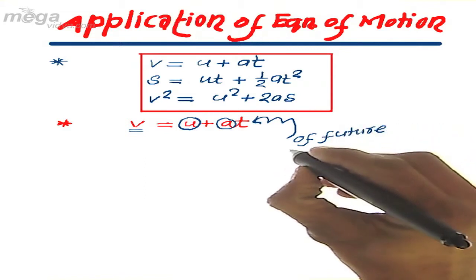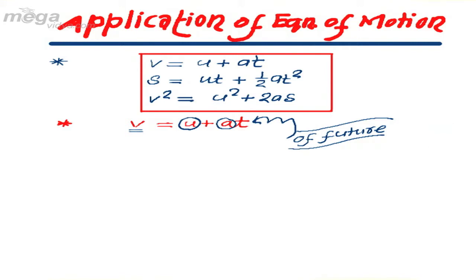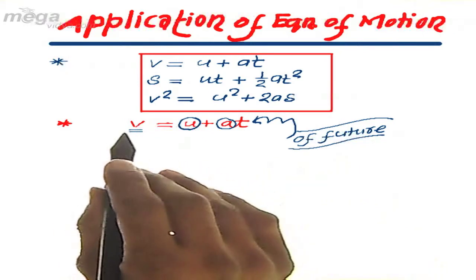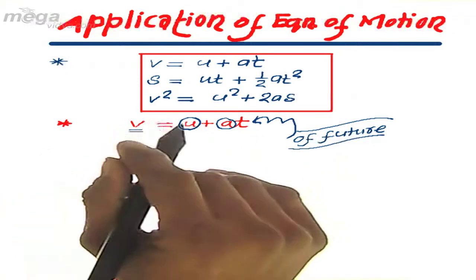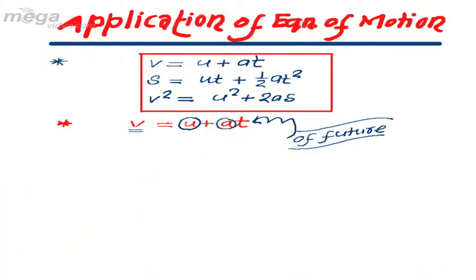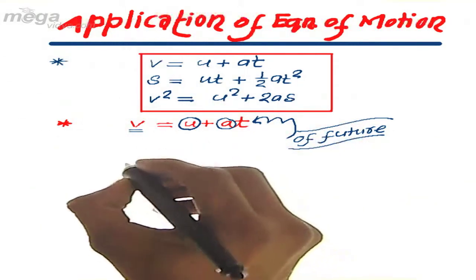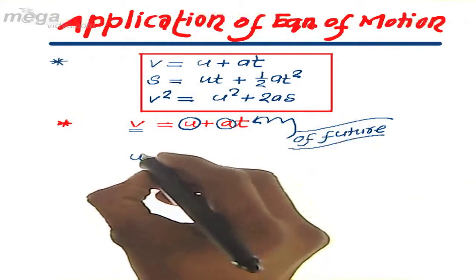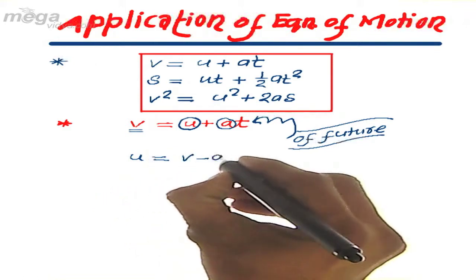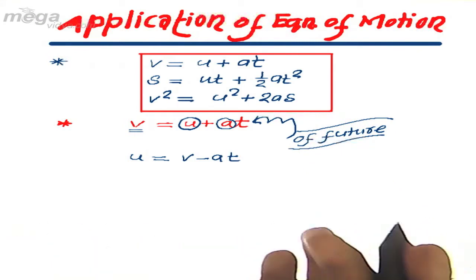Do not concentrate much here, but have the basic idea. So this equation, of the form v equal to u plus at, is better used for a time in the future. What I am doing here is modifying this equation and writing it this way: u is equal to v minus at. Students may wonder what I have done.